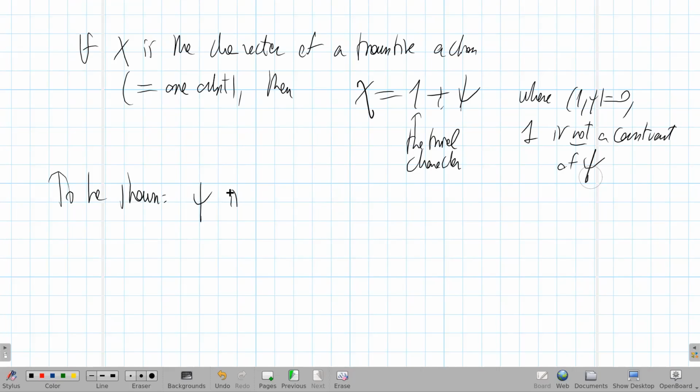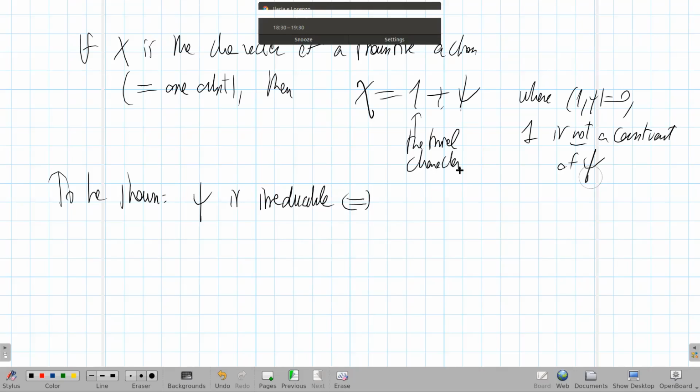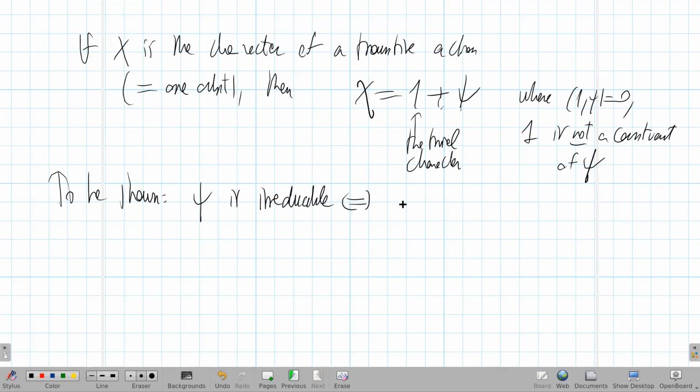psi is irreducible if and only if the action of G on omega is 2-transitive.